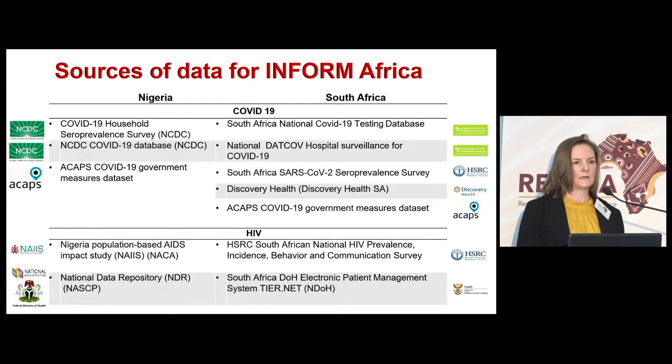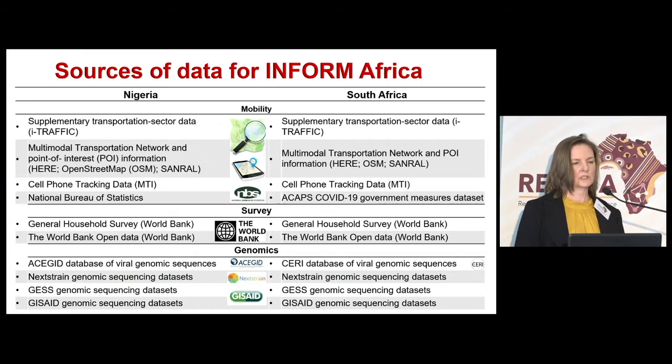For HIV, in the third project, we want to look at the interaction between both HIV and COVID. So there are some aspects of HIV prevalence that we are interested in, but also linking measures like HIV viral loads. The data sources will be, again, national surveys and the government systems. The project also involves the use of mobile data, so there's a project dedicated to mobility, and there are multiple sources where this information comes from.